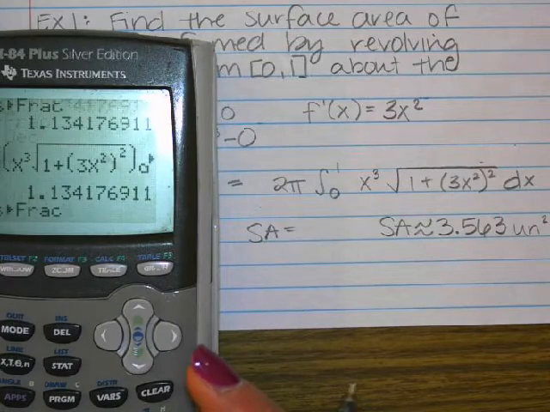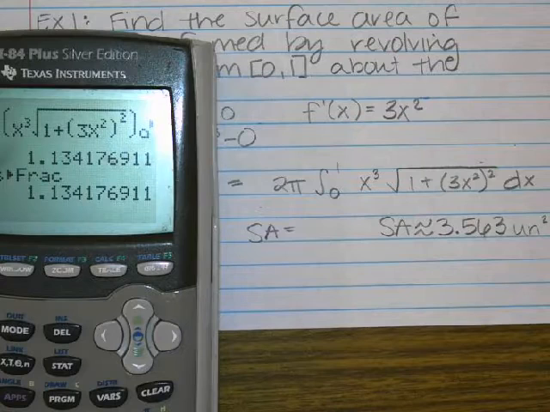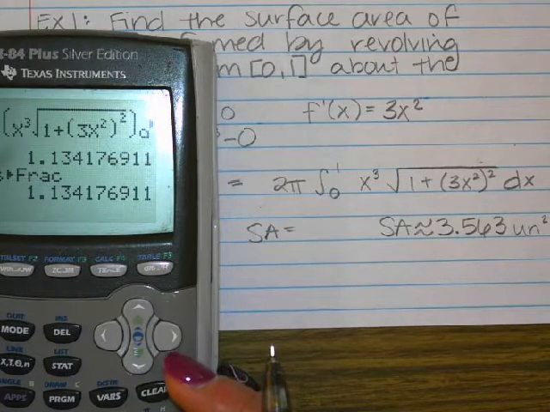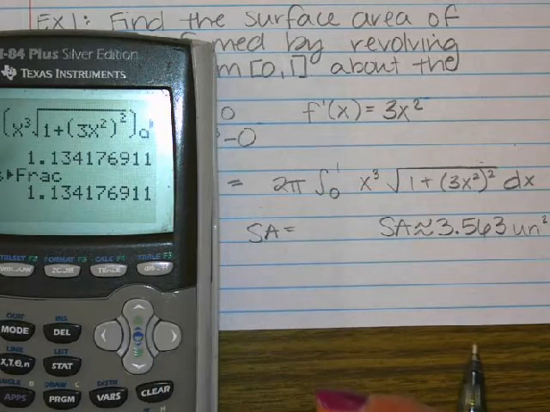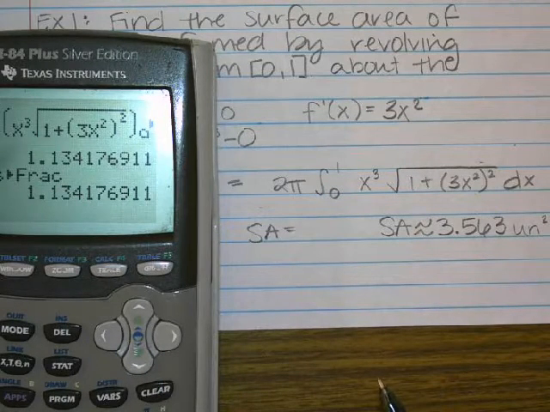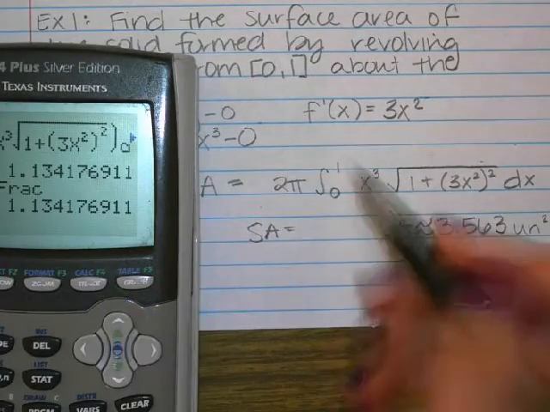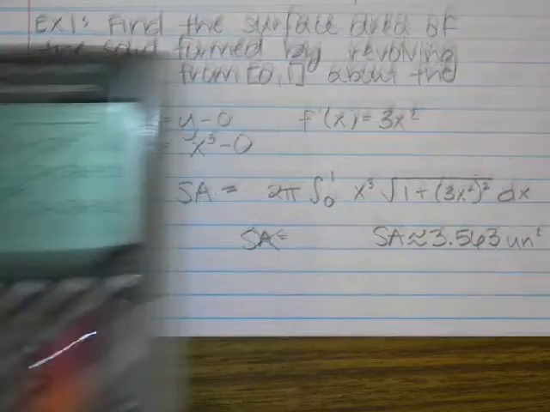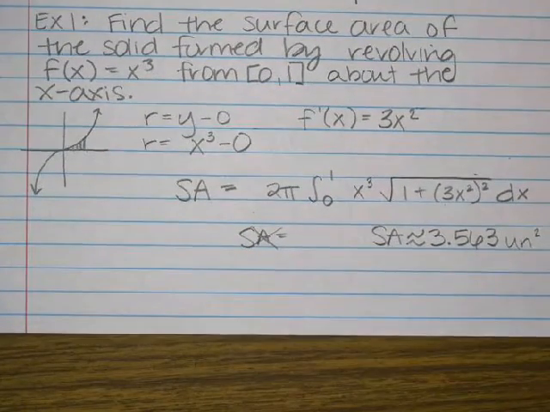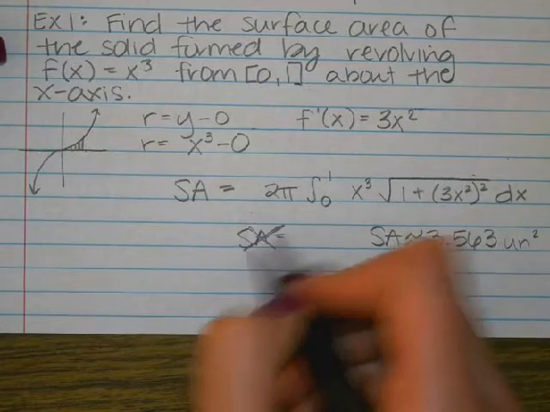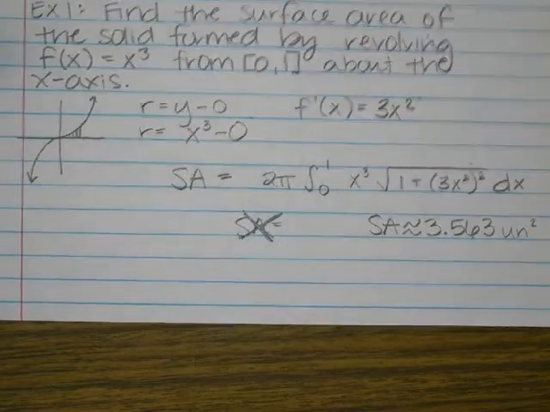Did it work for you guys? No. I took out the pi and then I took out the 2 pi. Oh, it's the next one. I'm sorry, that's my bad. It's the next one you can do that on. So this one you can't get an exact answer. We'll do it on the next one so you guys can see how to do it.